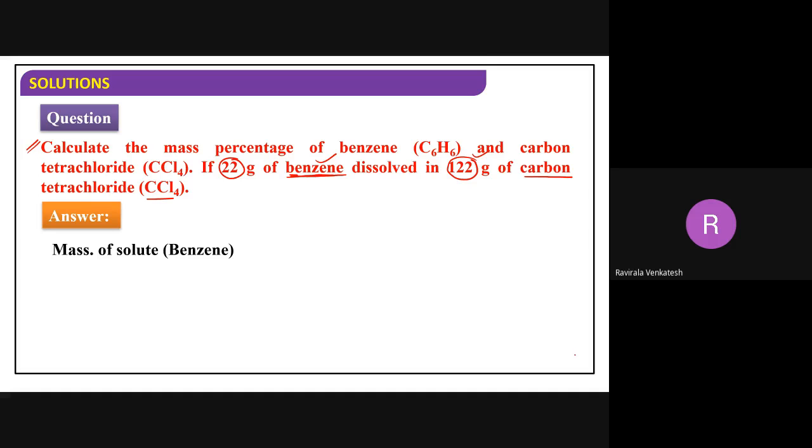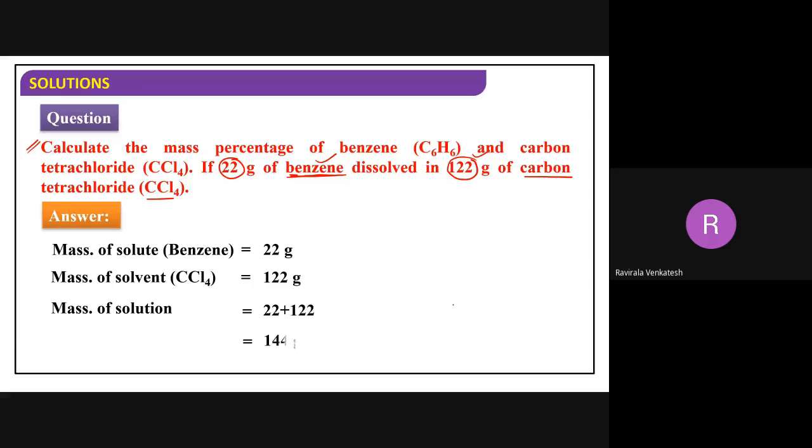Don't take carbon tetrachloride. Weight of the benzene is 22, divided by weight of the solution, 144, into 100. Don't take it easy, beta. Don't do 22 by 122. Weight of the solute divided by weight of the solution. Weight of the solute is 22 grams, and weight of the solvent is 122 grams. Weight of solution will be 144 grams.